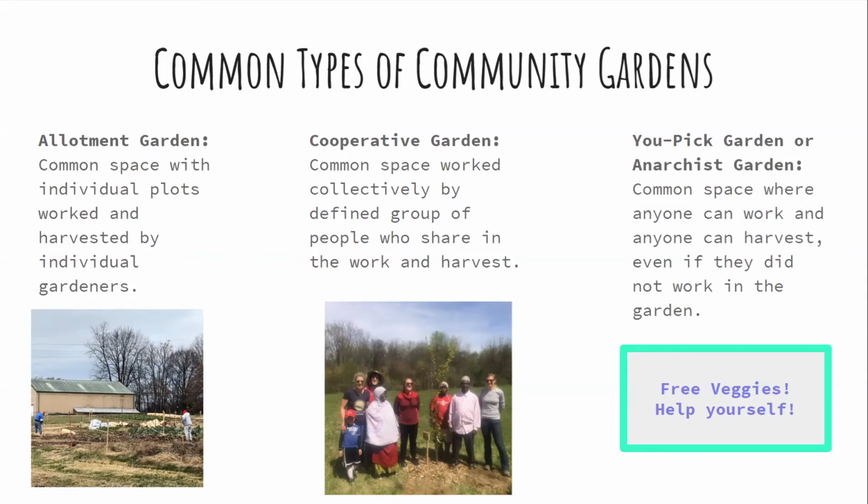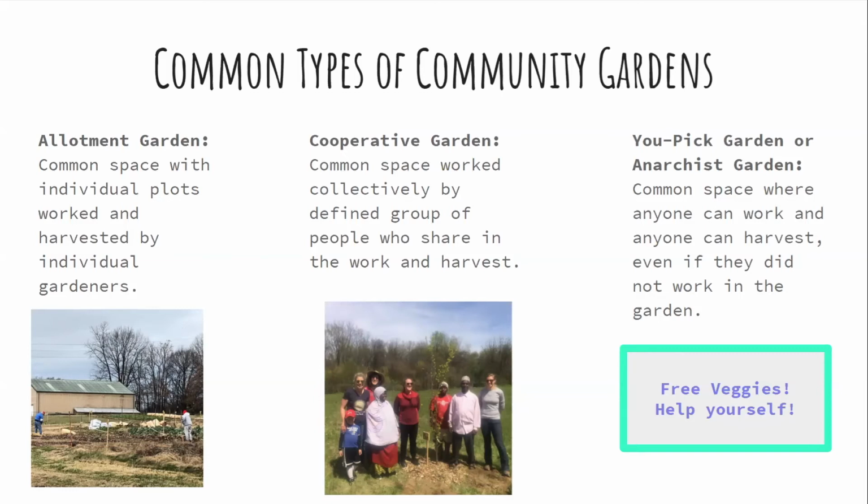On this slide are the 3 most common types of community garden that I run into in Louisville, and there are others. Creating a shared definition of community garden is very important, and communicating that definition and expectation out is also really important to the success of your garden.